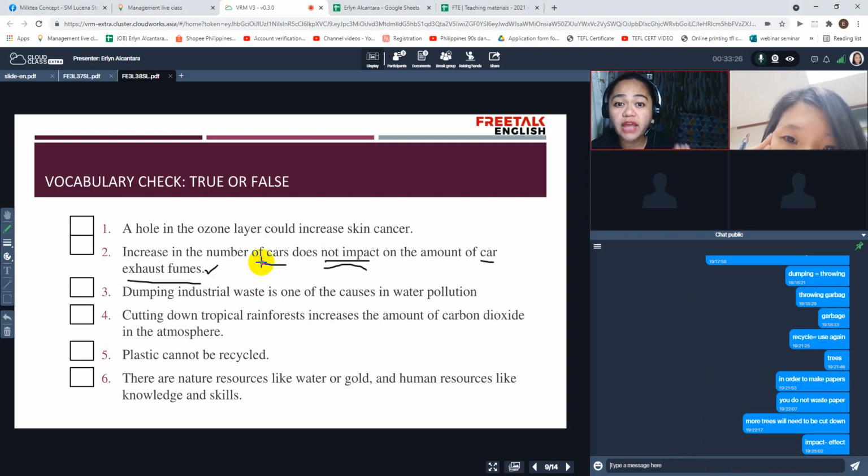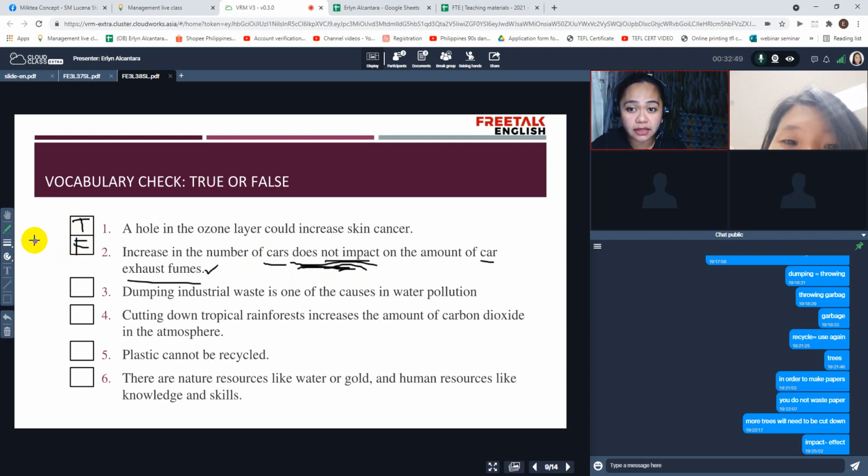So, if we have too many cars like that in our city, in the street, will that impact the amount of exhaust fumes, or will it not affect it? So what do you think about this sentence? It is false.